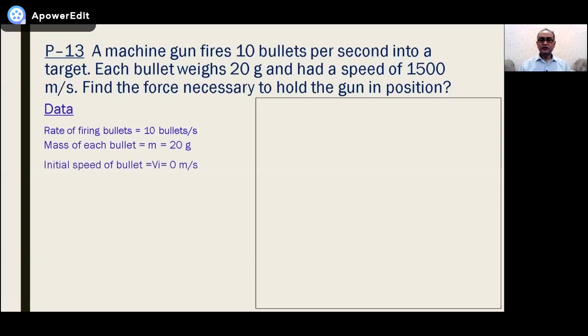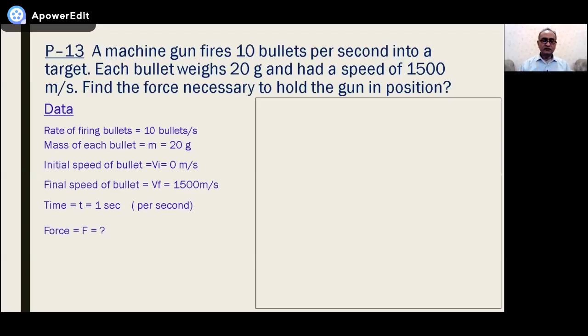Initial speed of each bullet, they were at rest, 0 meter per second. Final speed of each bullet, 1500 meter per second. Time, the scenario is focusing on per second, 10 bullets per second. So what is the time here? The time is 1 second.